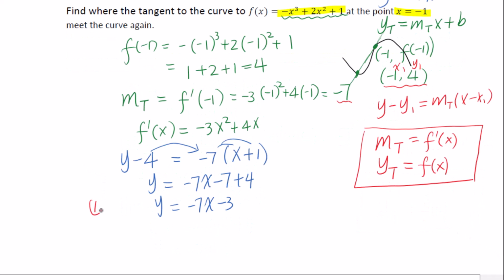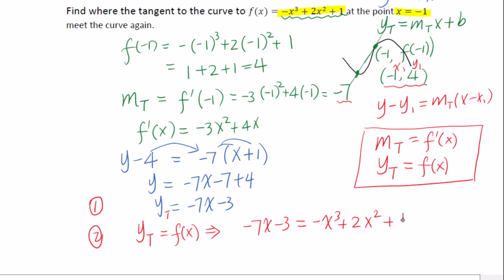This is the first step. Then the second step, we will set up y sub t equals f of x, which means negative 7x minus 3 equals negative x third power plus 2x squared plus 1.